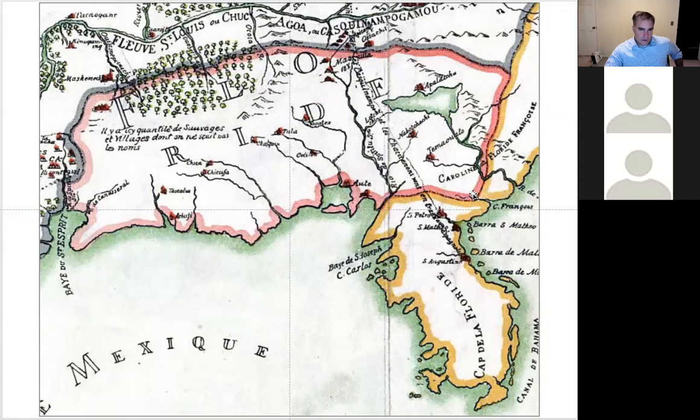And it's not the greatest map, but you can probably get an idea of what is being represented here. The idea that there's a great lake feeding the, I suppose that's the Santee River, or maybe that's the Savannah River, I think, which is the boundary between Georgia and South Carolina today.